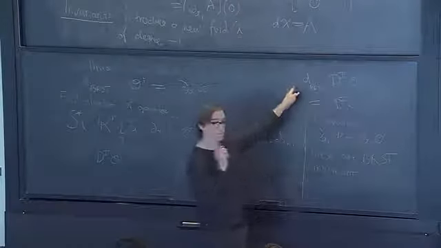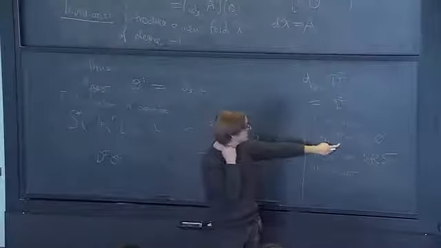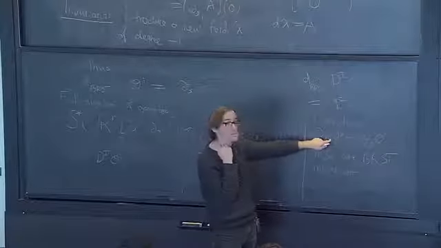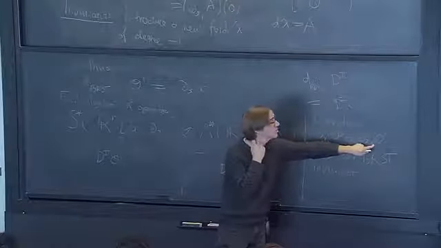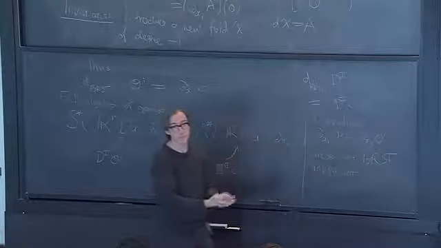Because if I apply the BRST operator, this picks up the j derivative of c, this picks up the i derivative of c, and because partial derivatives commute, we get 0.